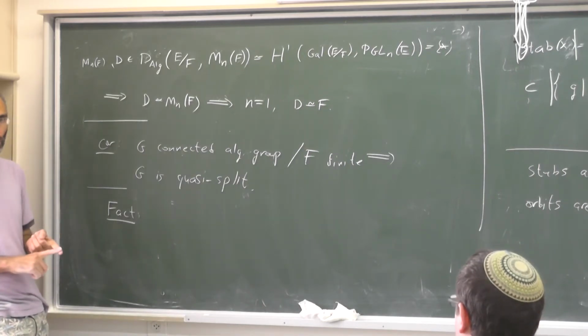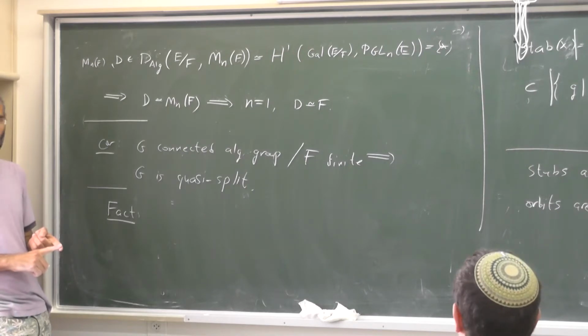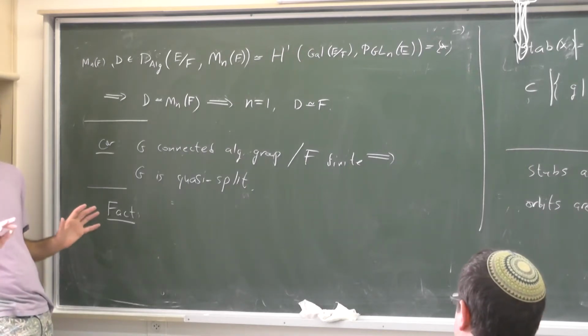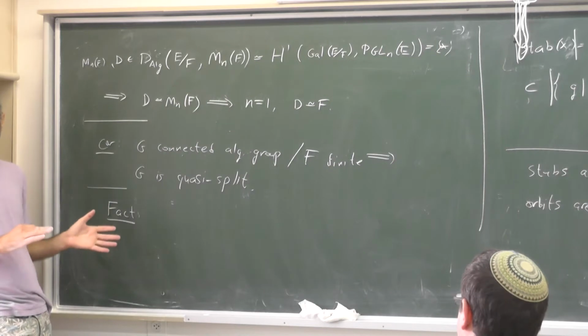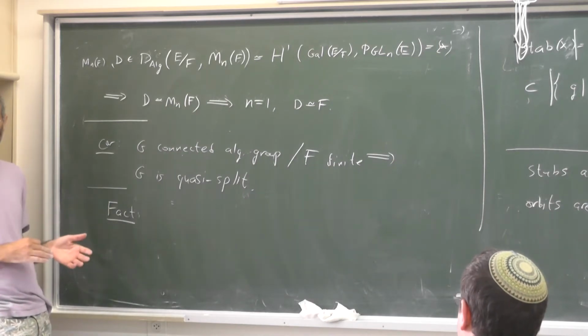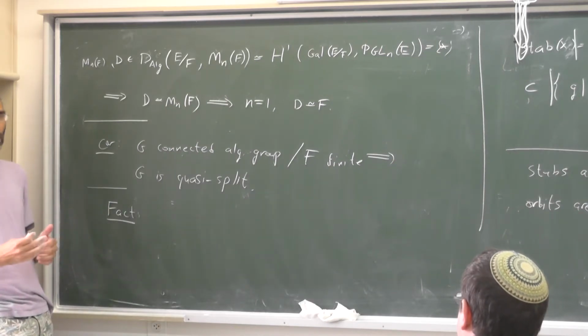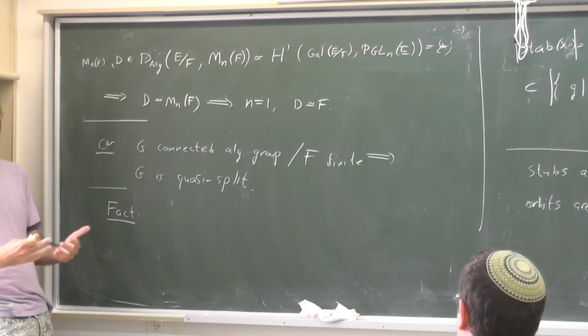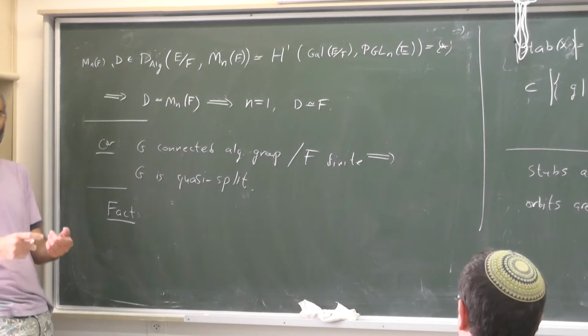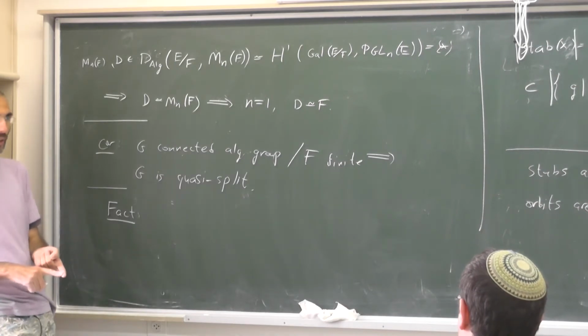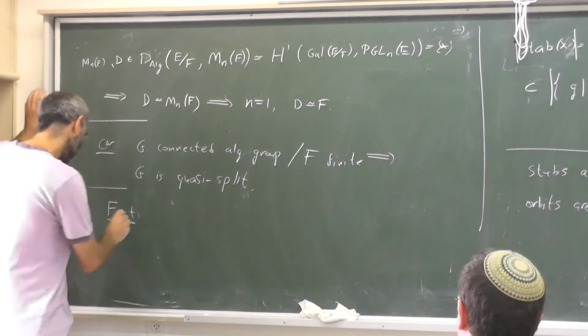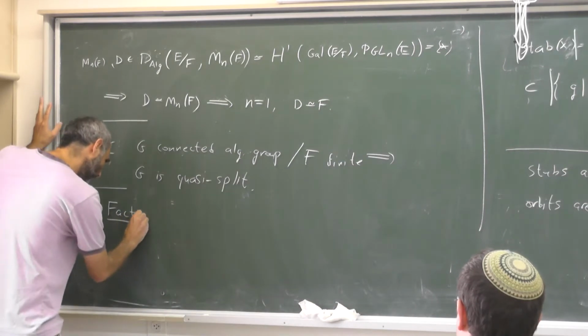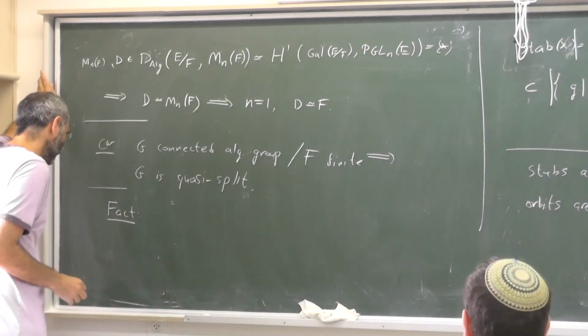For reductive groups, I'm usually using the terms split, isotropic or anisotropic with respect to the maximal torus. There is a maximal torus which is such. Okay? So there is a fact that I'm just reminding now, again, of the standard algebraic groups.